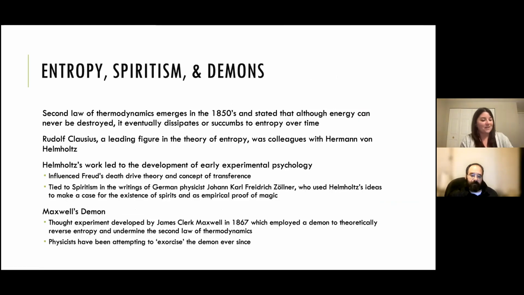Okay, so here's where this also took another strange and unexpected turn. In the 1850s, we see the second law of thermodynamics emerge, which states that although energy can't be destroyed, it eventually dissipates or succumbs to entropy over time.